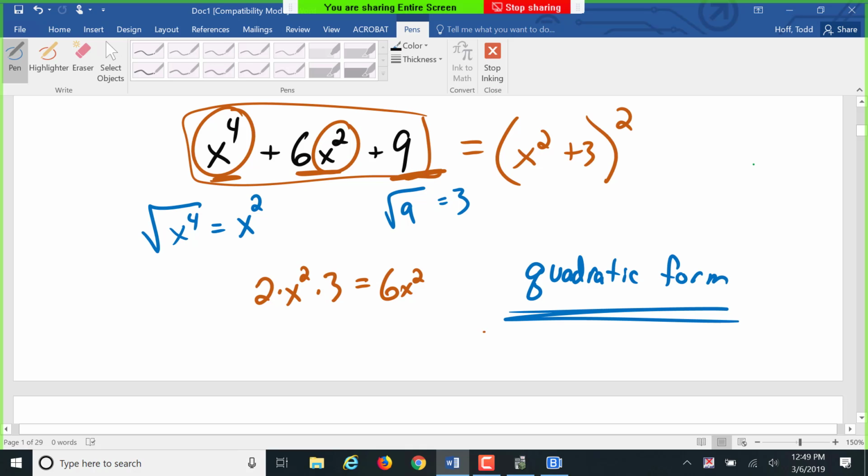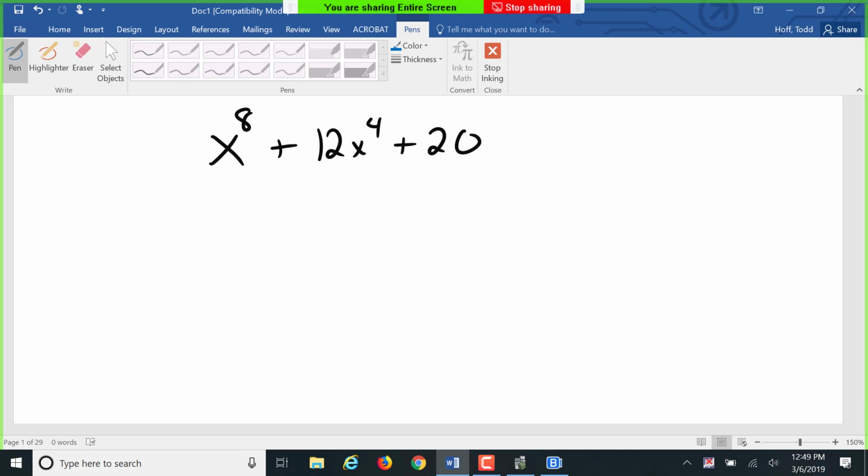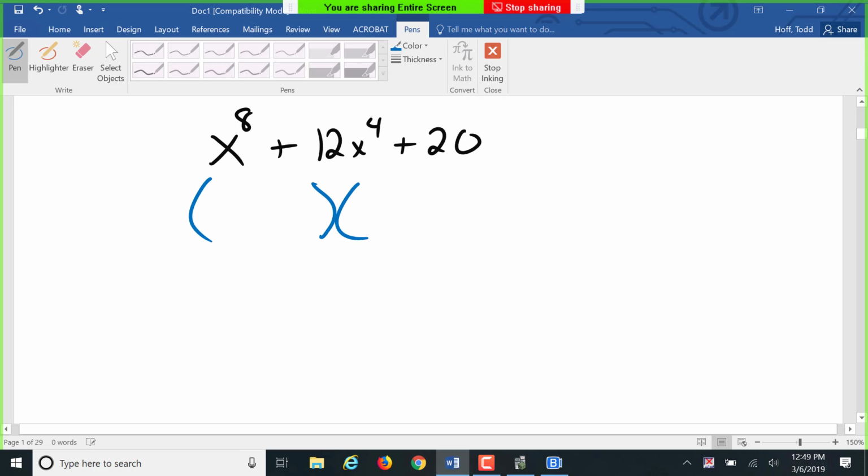So it could be something like x to the 8th plus 12x to the 4th plus 20. Now this is not a perfect square trinomial, but it is in quadratic form and it is factorable. Because this term has a power that is double the variable in that second term.